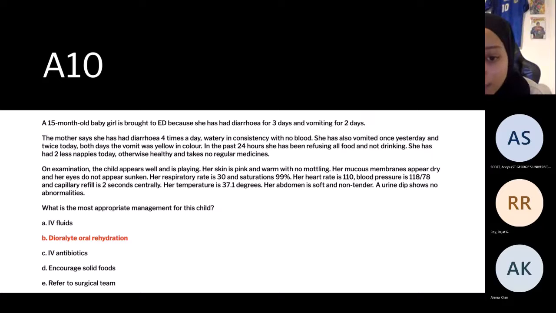The reason it would be this as opposed to IV fluids is that although her mucous membranes appear dry, she's not severely dehydrated, so you don't need to give her IV fluids. Oral rehydration would be sufficient. However, if this continues even after giving oral rehydration, then you would consider giving her IV fluids.